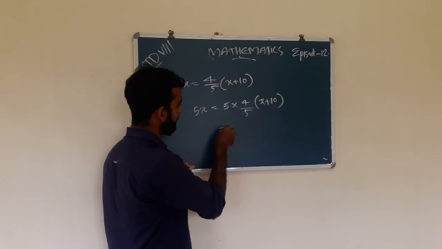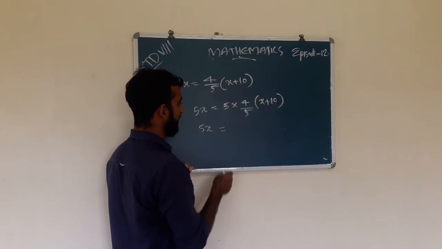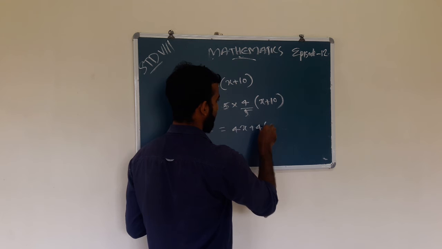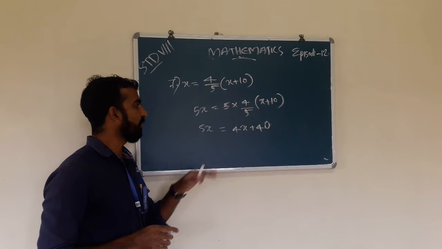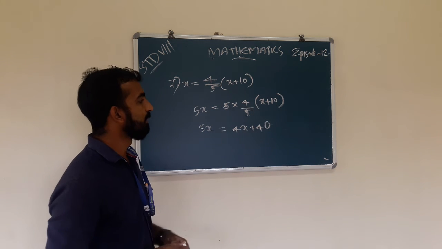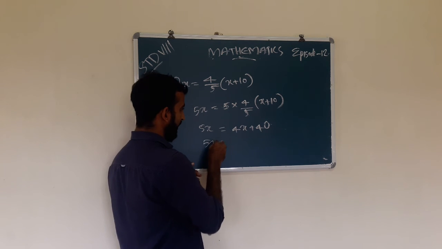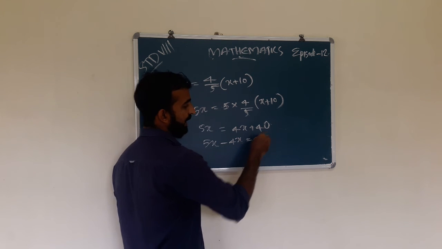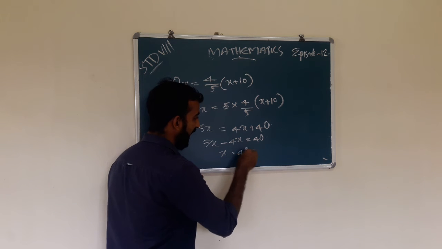Here we can cancel, that is 5x equal to 4x plus 40. When we open the bracket, 4 into x, 4x, 4 into 10, we write 40. That is 5x minus 4x equal to 40. That is x equal to 40.